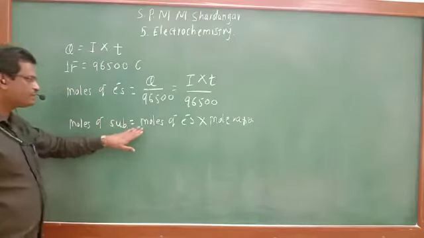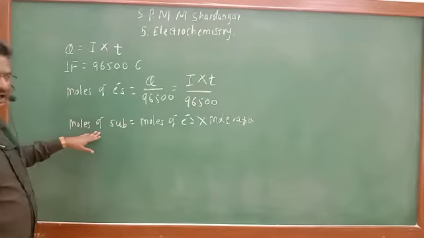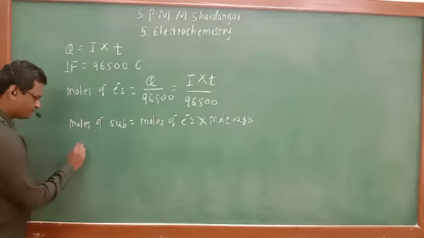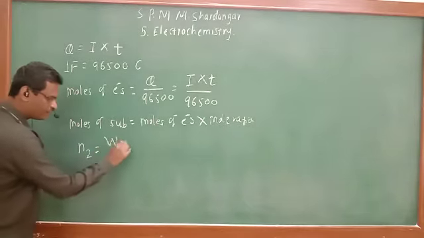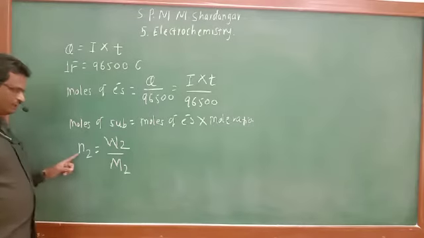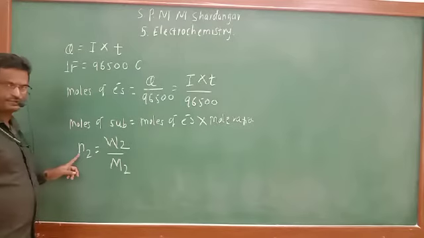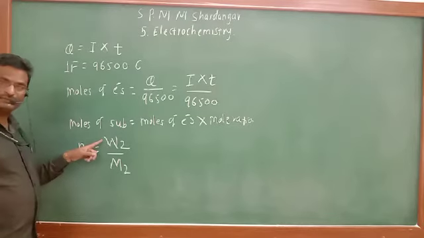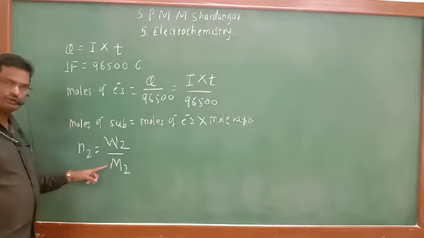And from this equation, finally we arrive at the calculation of the mass of substance, because we know the moles of substance N2 is nothing but W2 upon M2. N is moles of substance, W2 is weight or mass of the substance, and M2 is the molar mass of the substance.